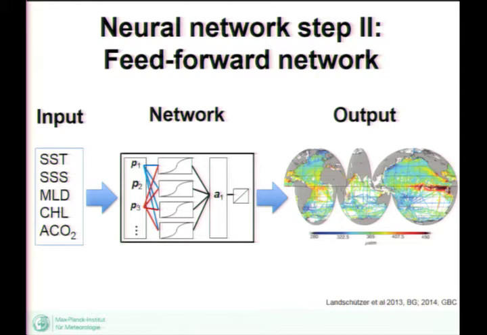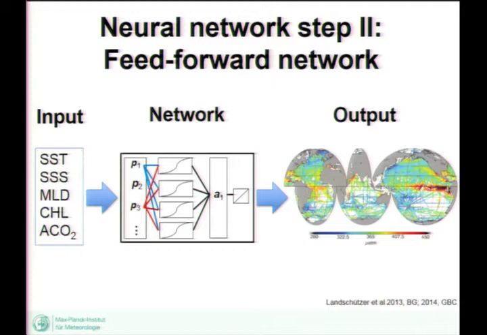Since I told you we don't know what the exact relationship is between our inputs and our outputs, we don't want to make any assumptions, so we don't want to assume that they're linear. So once our method has established the relationship between our inputs and our outputs where we have data, we can use this relationship and then fill the gaps where we don't have data.